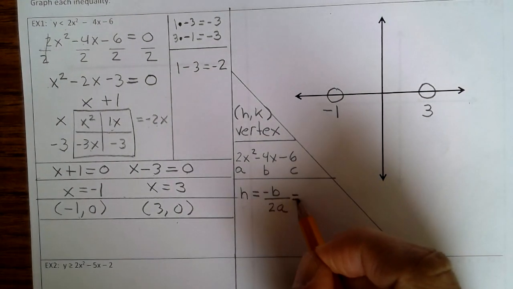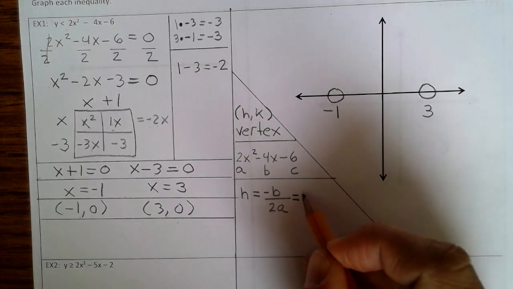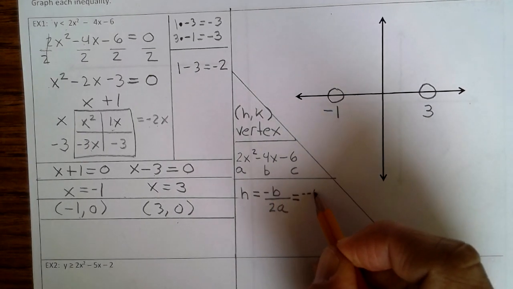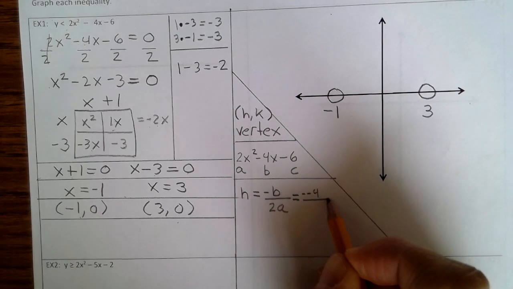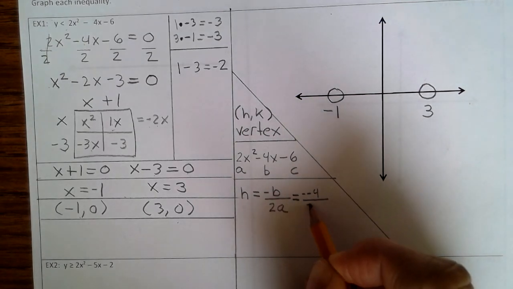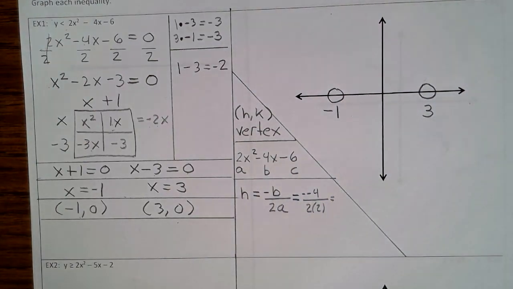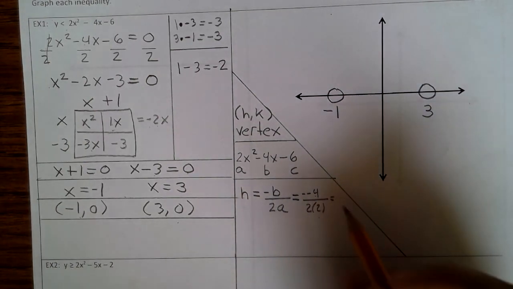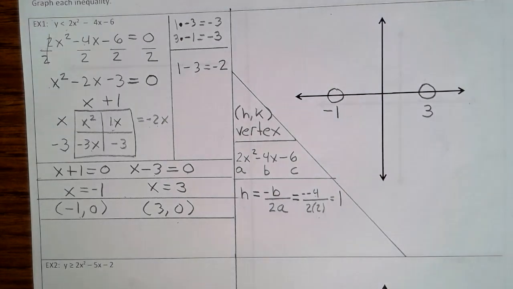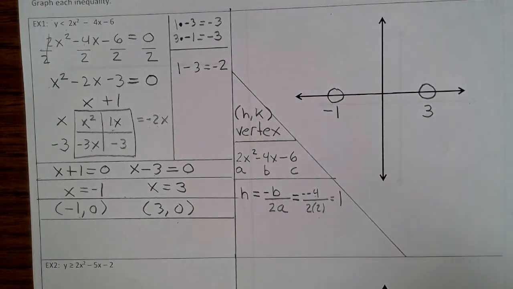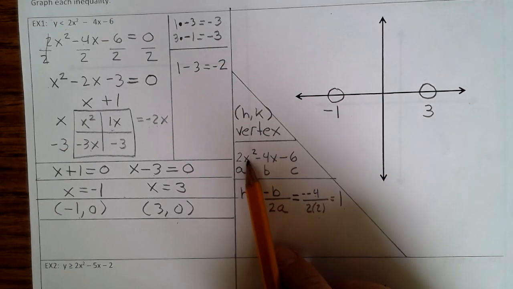So B is negative 4, so it's negative 4 divided by 2 times A, which is 2 times 2. Well, that's a positive 4 divided by 4, which is 1. So H equals 1. Now, to find K, we substitute 1 back into here to find our K value.